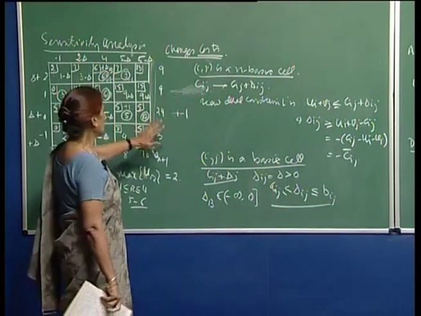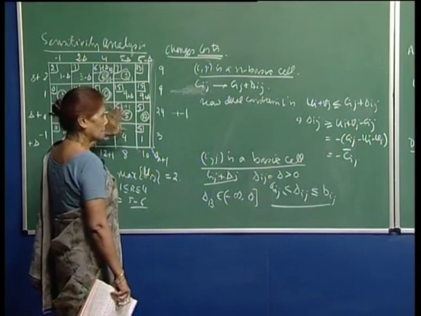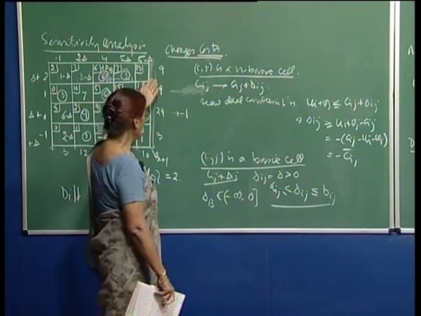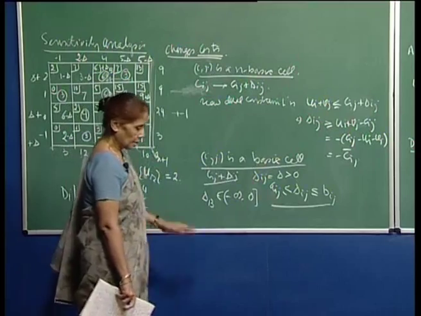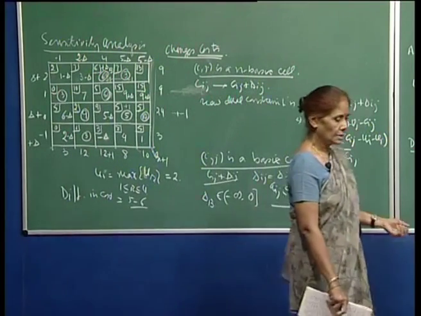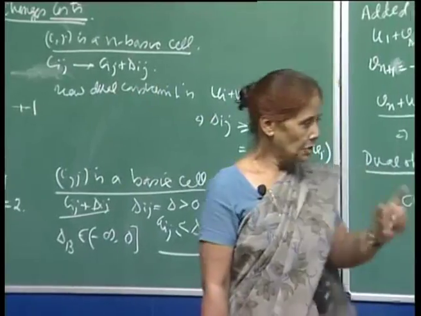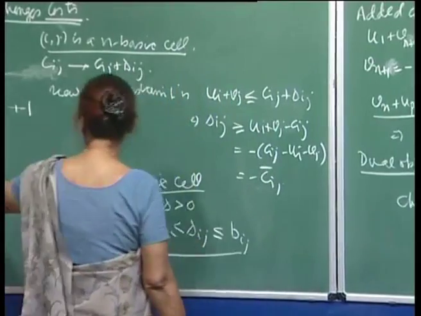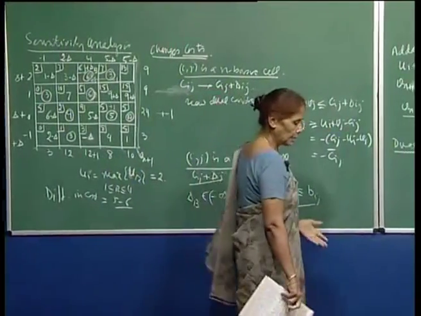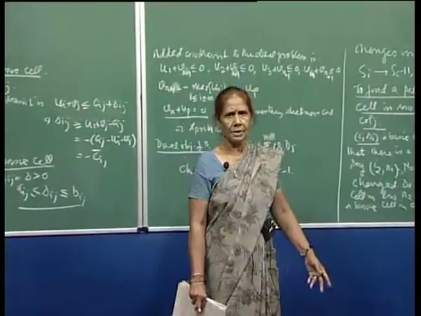So, you can handle the changes in the costs here, and I have also shown you how to handle the changes in the SIs. Now, the changes in DJs require a little special treatment, which hopefully I will mention sometime later on.